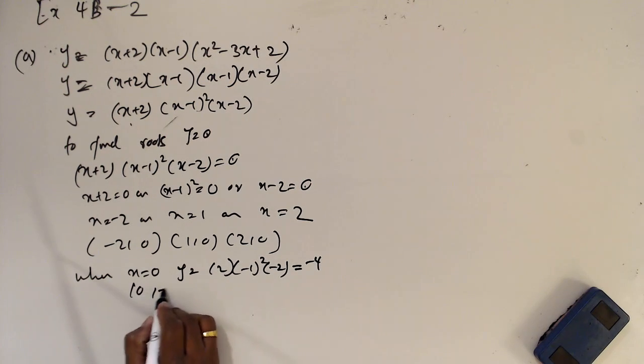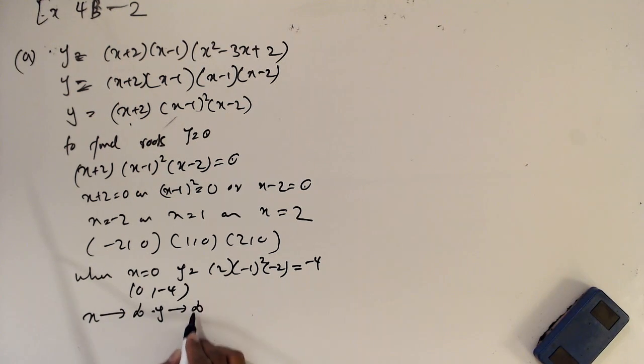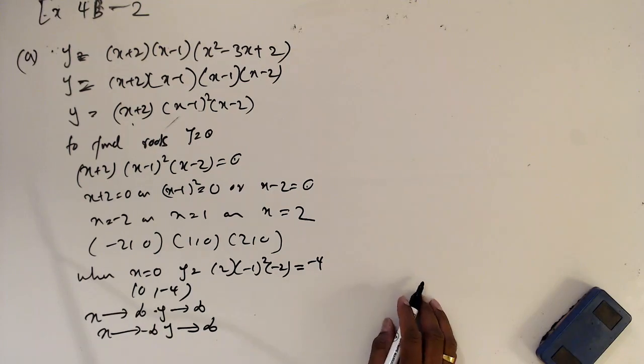So (0, minus 4). When x goes to positive infinity, y also goes to positive. When x goes to negative infinity, y still goes to positive. Now we'll draw the graph.